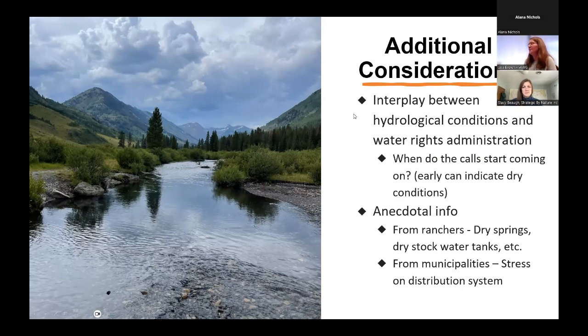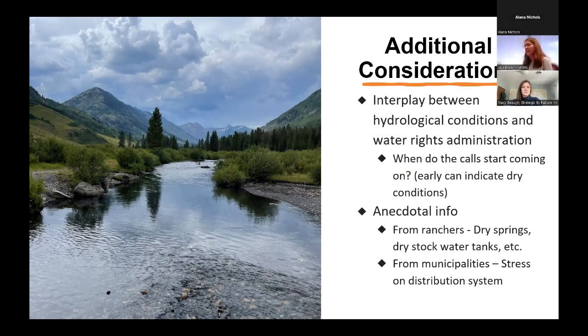But for the Gunnison, we also have this interplay between hydrological conditions and the water administration, which we're going to talk about more today. One of the things that we can start keying off of is when the calls start coming on. An early call can indicate dry conditions in the basin. And then there's also anecdotal evidence, which I think we talked about briefly before, from ranchers: are their springs running or are they dry?